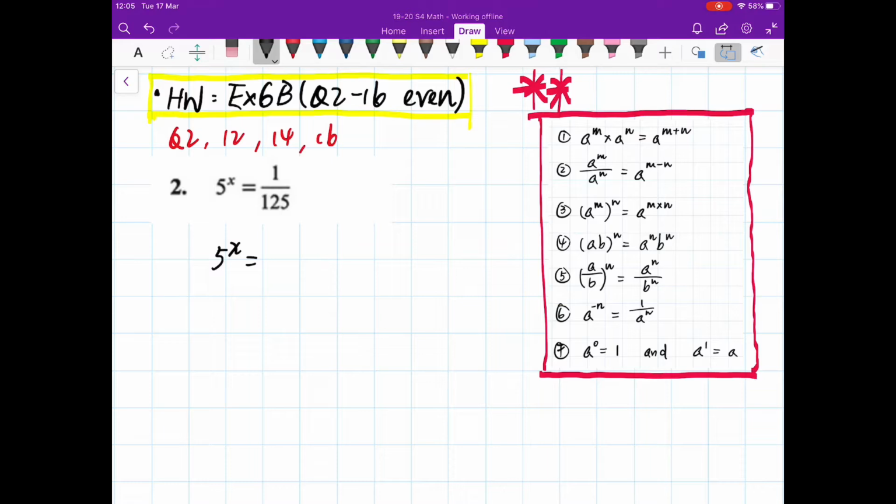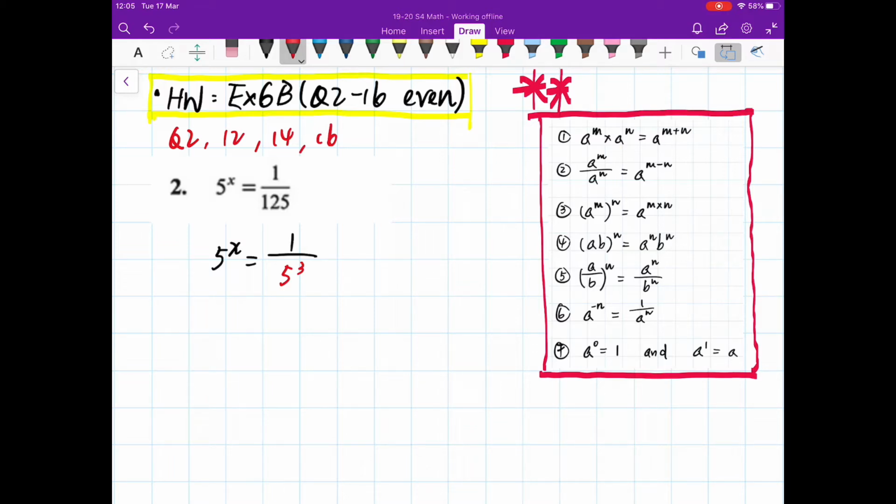But for the right hand side, can you think of 5 to a power of something so that it would become 125? I think most of you can think of 125 is equals to 5 to the power 3, and that is correct.